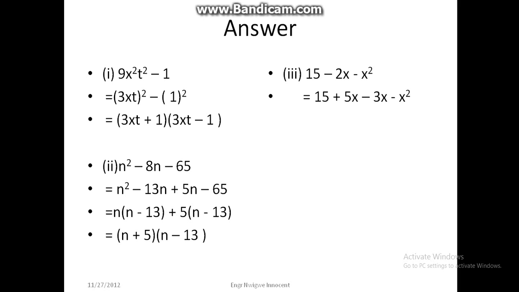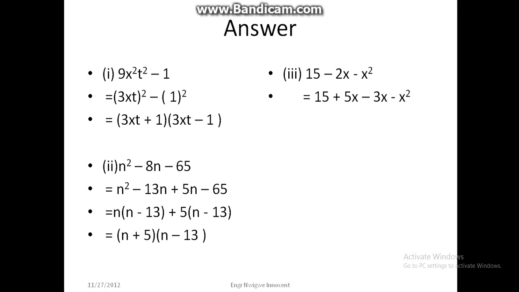Since 5s times 3 will give us 15, and the minus 5s plus 3s will give us minus 2s.